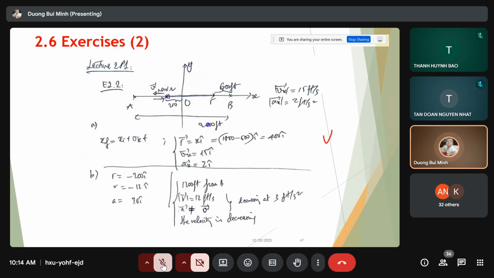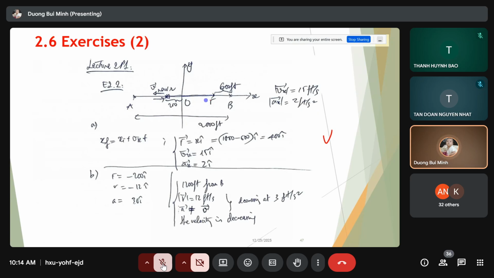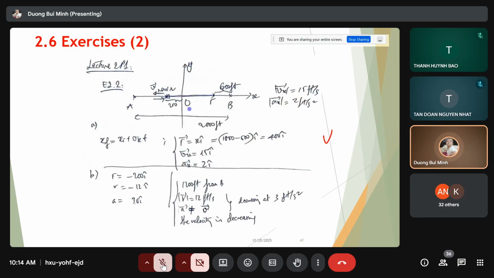If A to B is 2,000 feet, then from 0 to B is 1,000 feet.